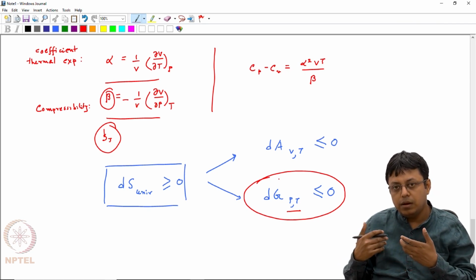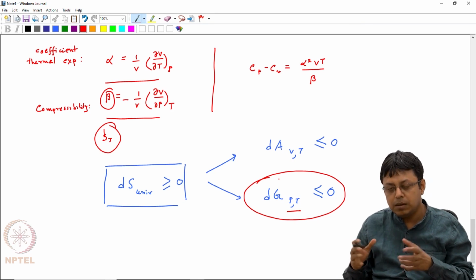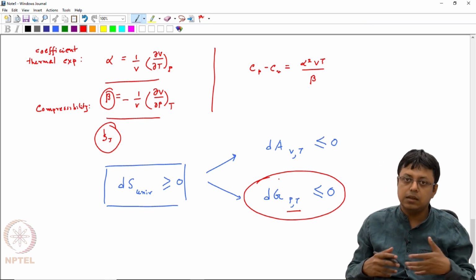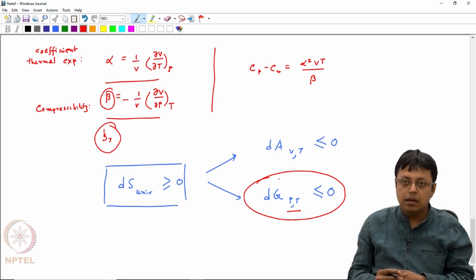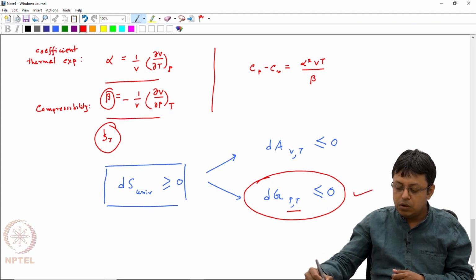The transformations are mostly at constant pressure and temperature, and then we look at the differential as well as finite changes in the Gibbs free energy, to see how much it is changing, and we formulate many other conditions from this fundamental equation.